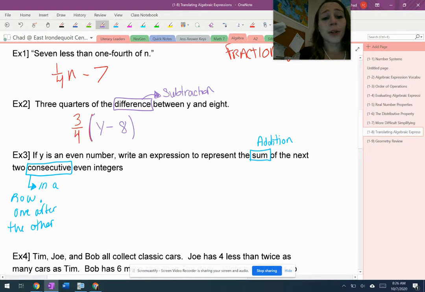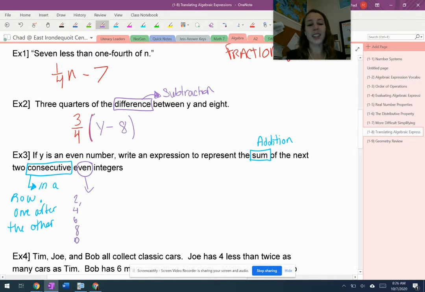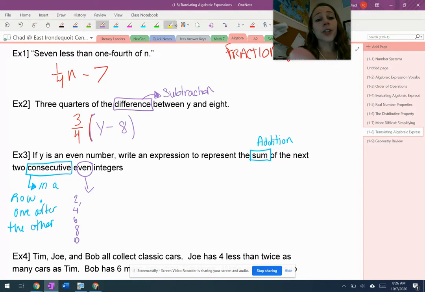An even number, those are your 2, 4, 6, 8, zeros, those kind of numbers. So 22, 24, anything that ends in a 2, 4, 6, 8, or 0 is an even number. It's divisible by 2. And then your integers, that is from 1-1 vocab. You really want to have these integers memorized.